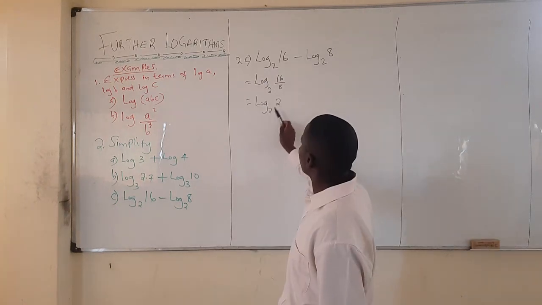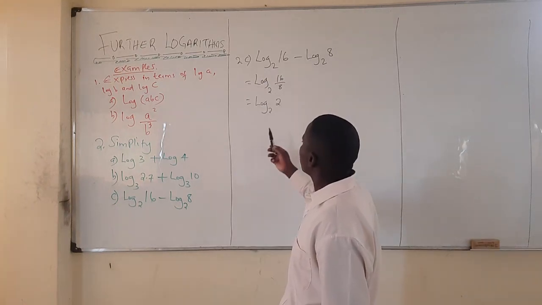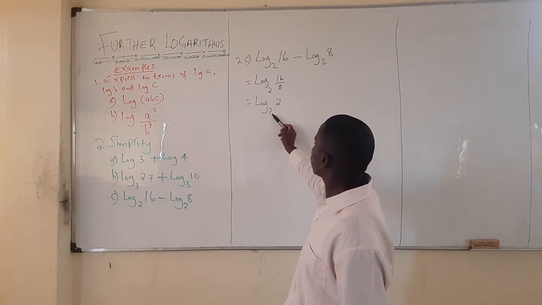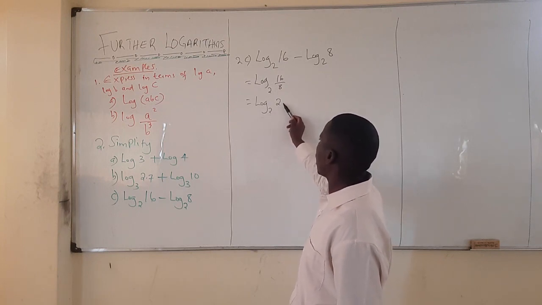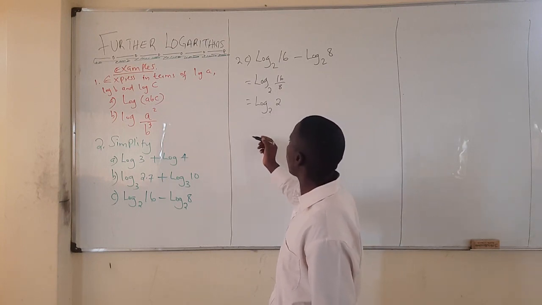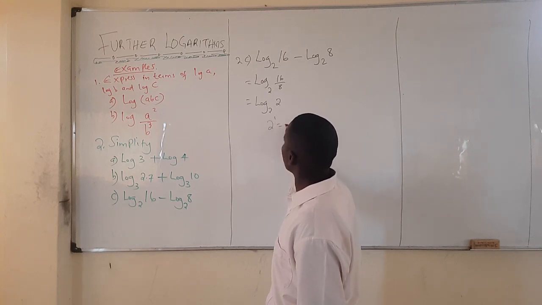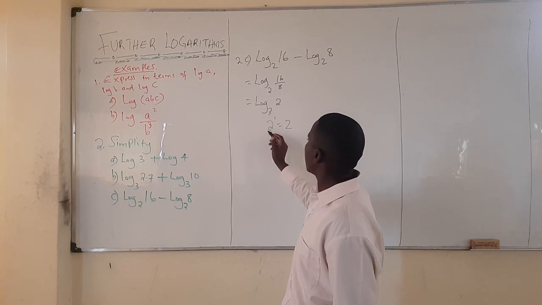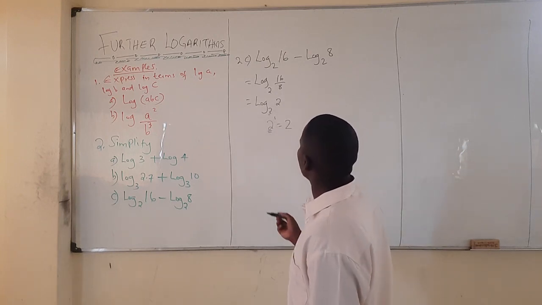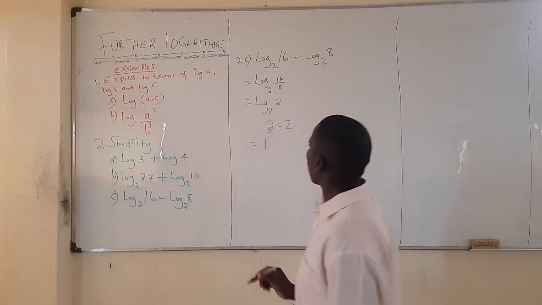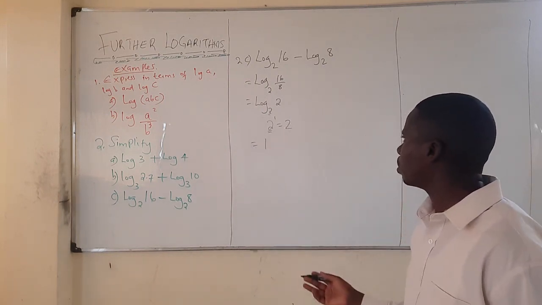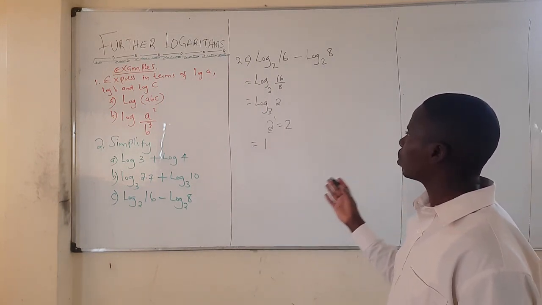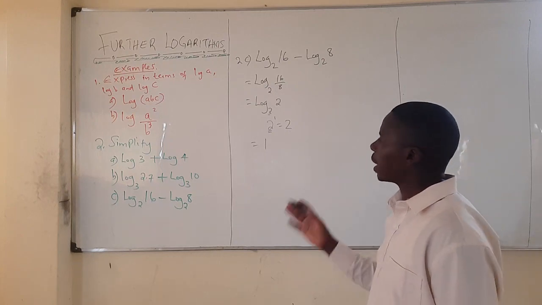The log of 2, the base of 2, in other words, which is that number that we are going to raise 2 to, to give us 2, and that number should be 1. That is 2 power 1 should give you 2. This is the base here. That is the power. This is that number there. So our answer there should be 1. That is 2 power 1 is equal to 2. In other words, the log of 2 to base 2 is 1.